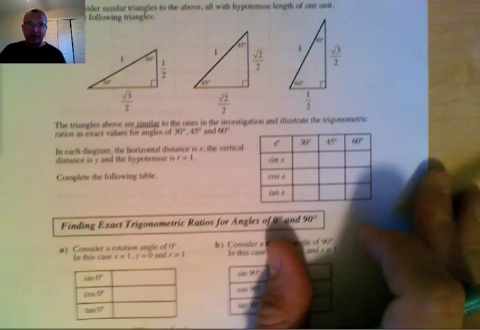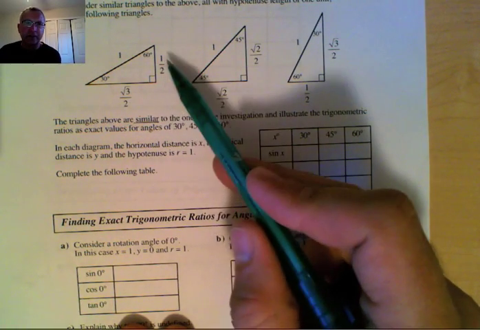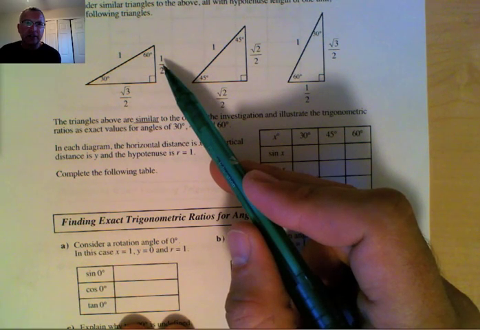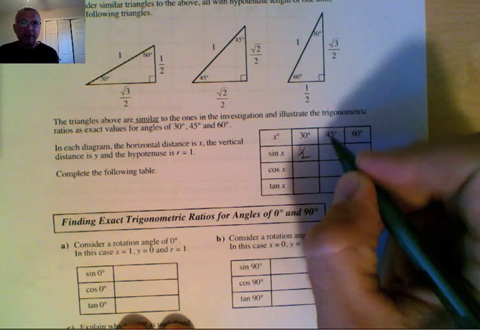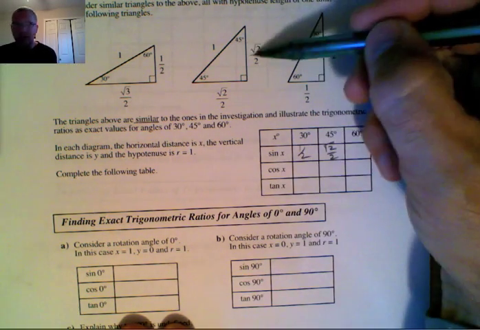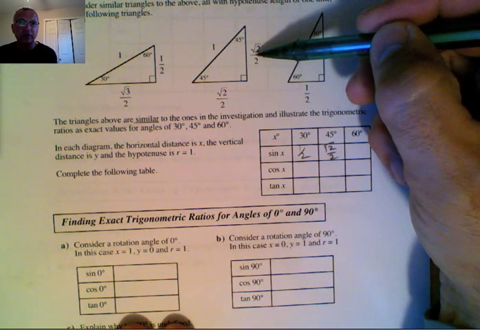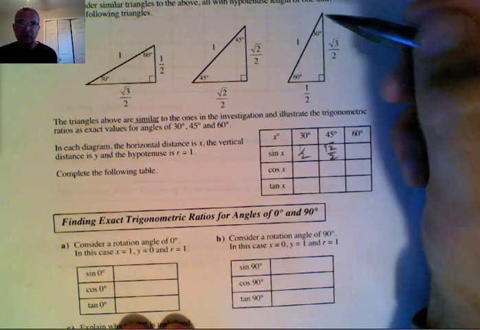So if we summarize everything we've got here, the sine of 30 degrees is y over r, so it's a half. The sine of 45 degrees is √2 over 2, because our y value here is √2 over 2, and if you divide that by our radius, which is 1, it still gives us √2 over 2.